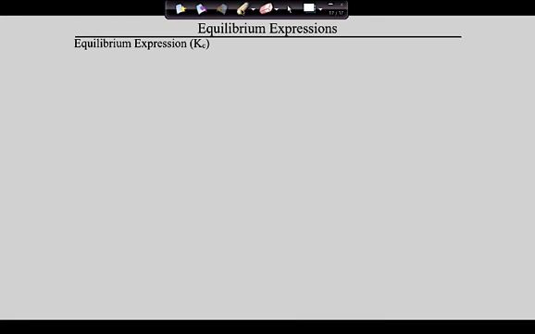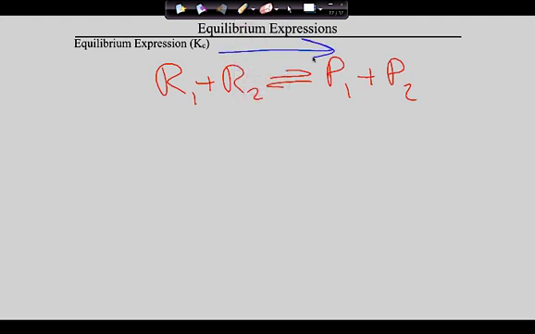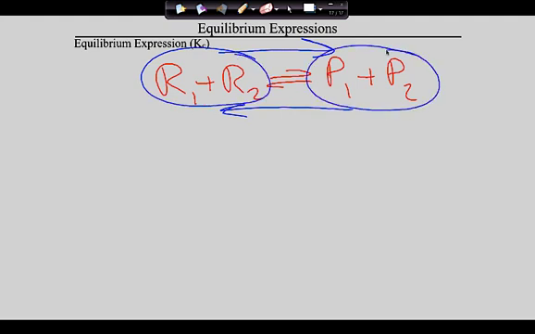What happens in a system at equilibrium is when these reactants react together and reach equilibrium with their products, because the forward and reverse rates become equal, the reaction is going forward and backward at the same speed. Because that's true, the amount of reactant will become constant and the amount of product will become constant, or not changing, because reactants are becoming product as fast as products are turning back into reactant.